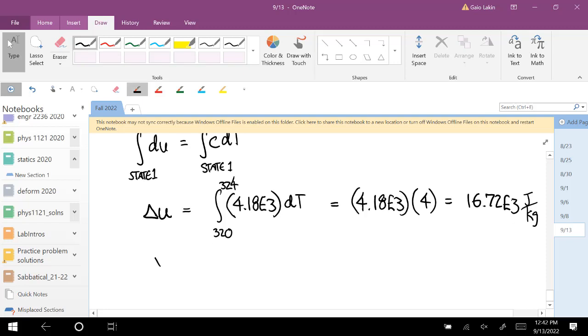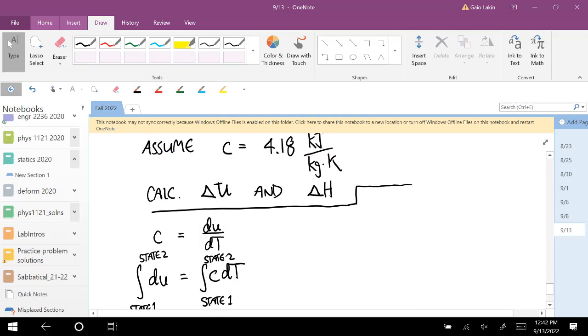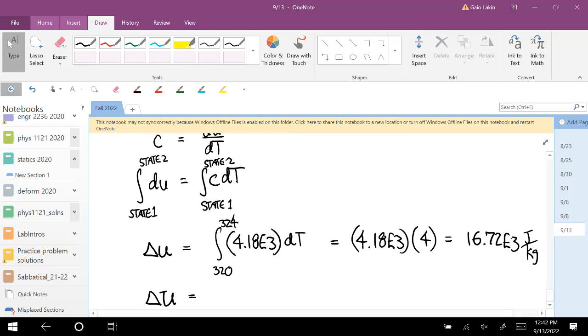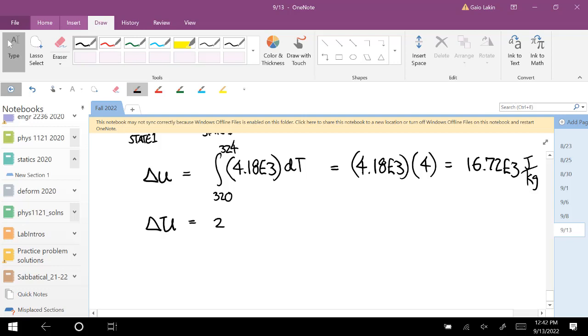We want the actual change in internal energy, not the specific, so we have to multiply this by the mass, and we have 2 kilograms. And so we get 33.44 times 10 to the third joules.